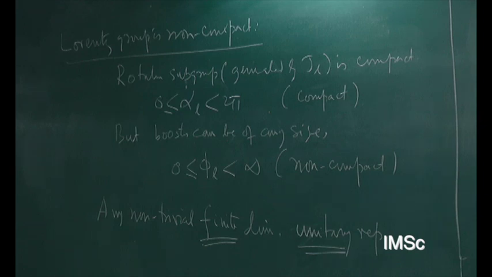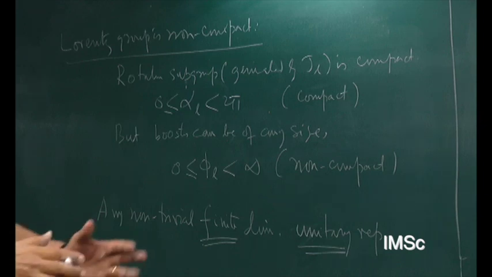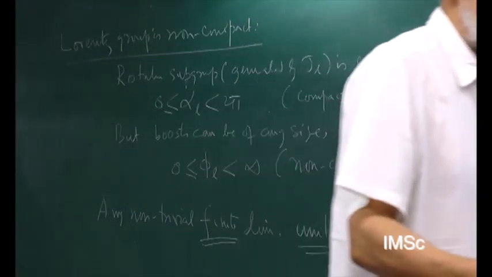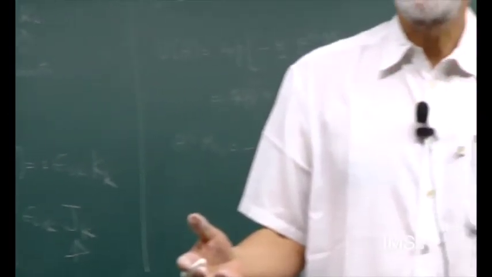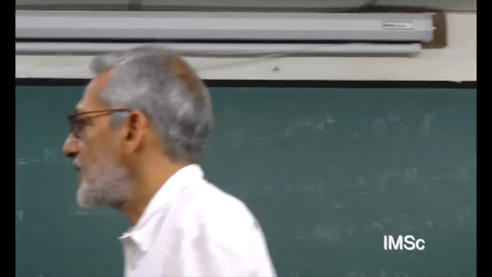And in nature, we are interested in finite dimensional representations because we want to describe objects with a certain finite number of components. We don't want to describe things with an infinite number of components because then there is no information there. So physical states have to be finite dimensional.